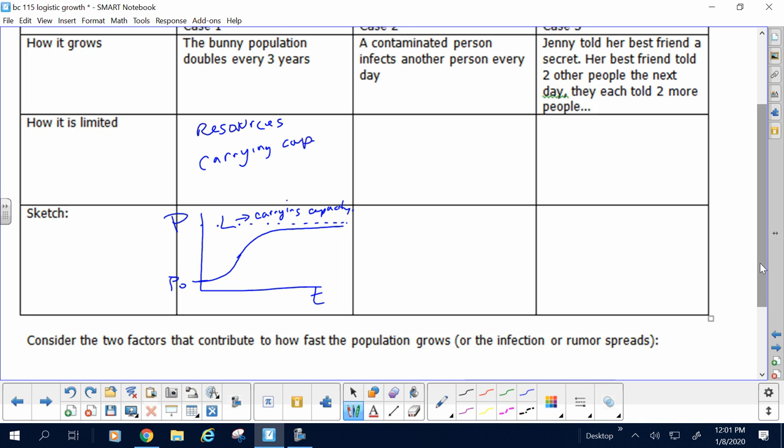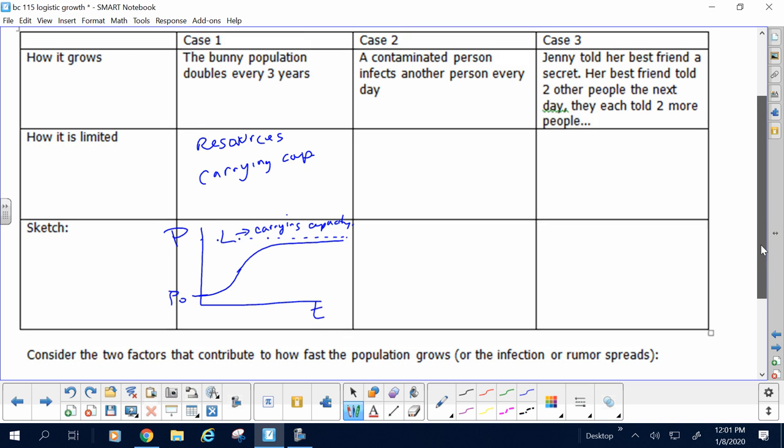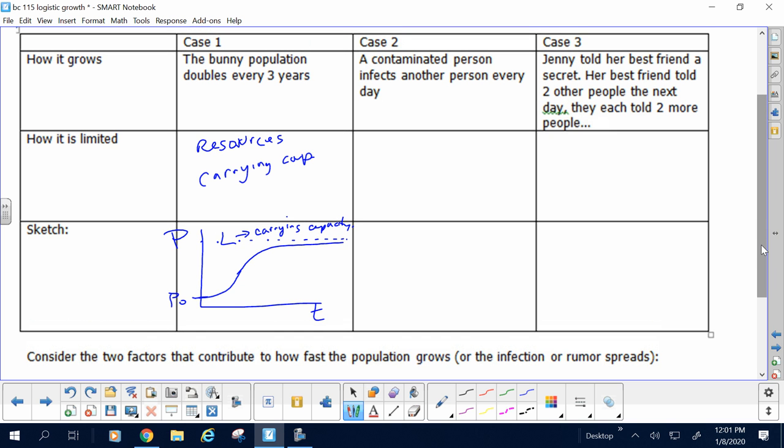Okay. What do you notice about the, give me some calculus on it. What do you notice about that? Okay, limit-wise, as t approaches infinity, P approaches L. What else?